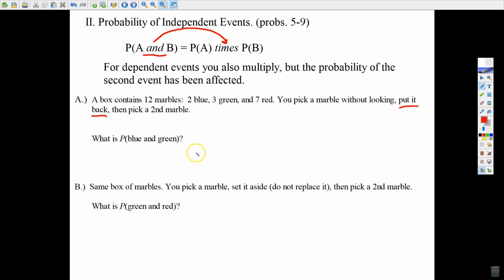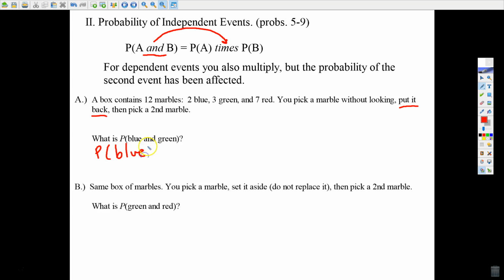Because of that little phrase, I have independent events. The outcome of the first is not going to affect the outcome of the second since I put my first choice back. And so all I have to do to find the probability is, what's the likelihood that I'm going to get a blue with my first pick and green with my second? So let's find each.